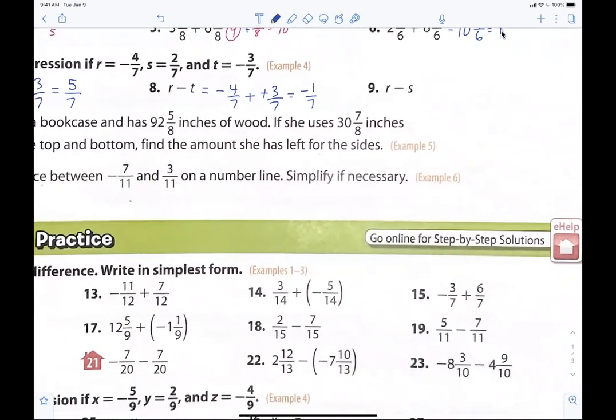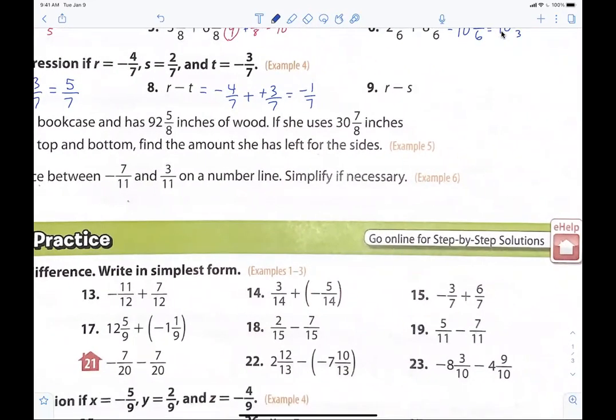9. All right, come on now. What is R, people? Nope, it's not 4/7. What is R? -4/7 minus, what's S? Right, so come on now.